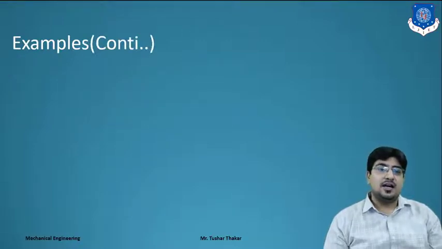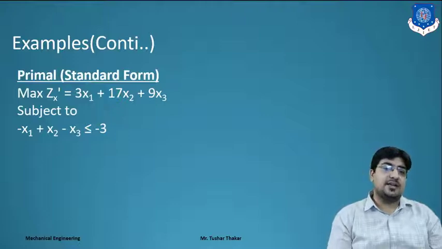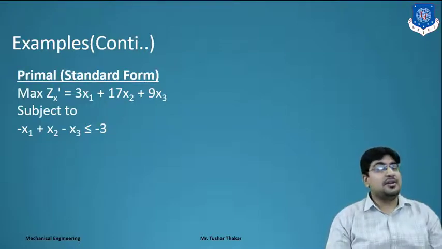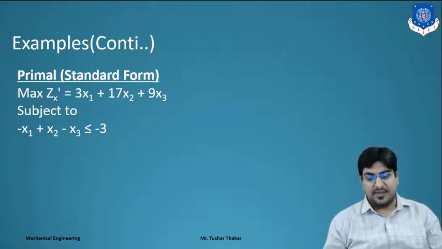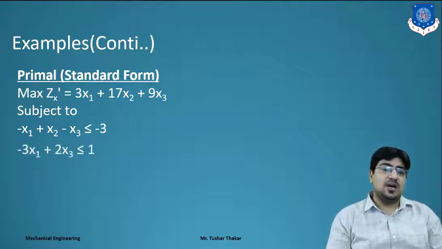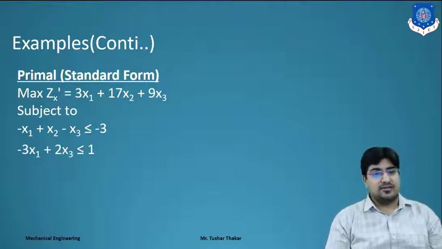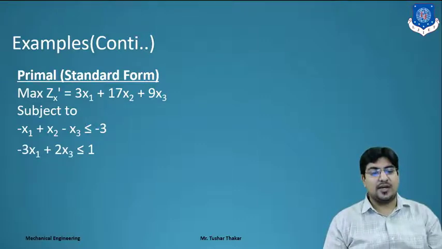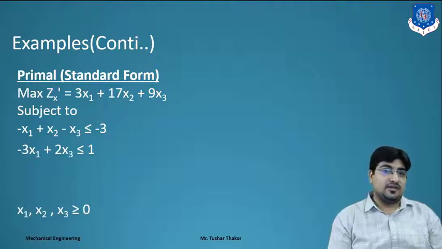First we write the standard form of the primal: maximize 3x1 + 17x2 + 9x3 subject to -x1 + x2 - x3 ≤ -3, 3x1 + 2x3 ≤ 1, where x1, x2 and x3 are greater than or equal to 0.